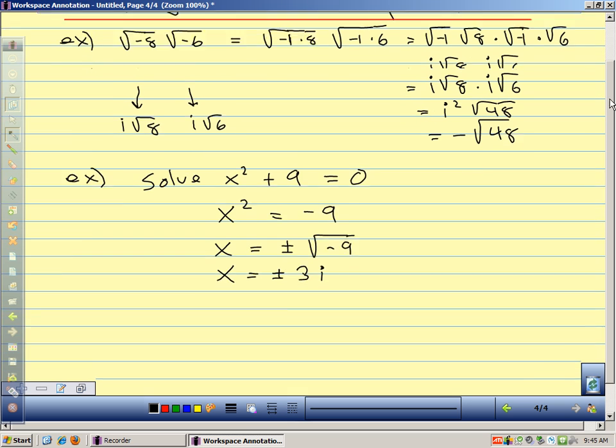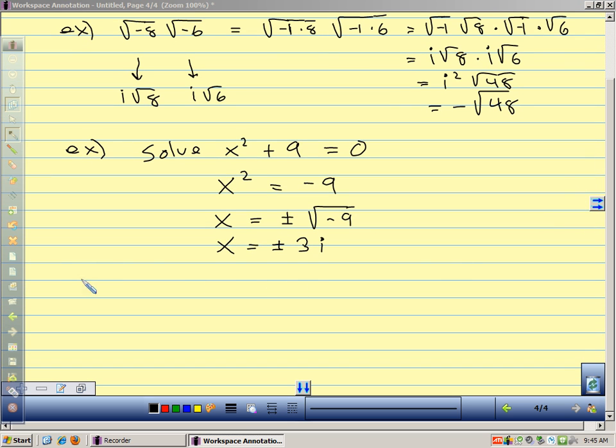If we do one that's a little more complicated, we want to solve x squared plus 6x plus 15 equals 0. This one doesn't factor. We can't factor this one easily.